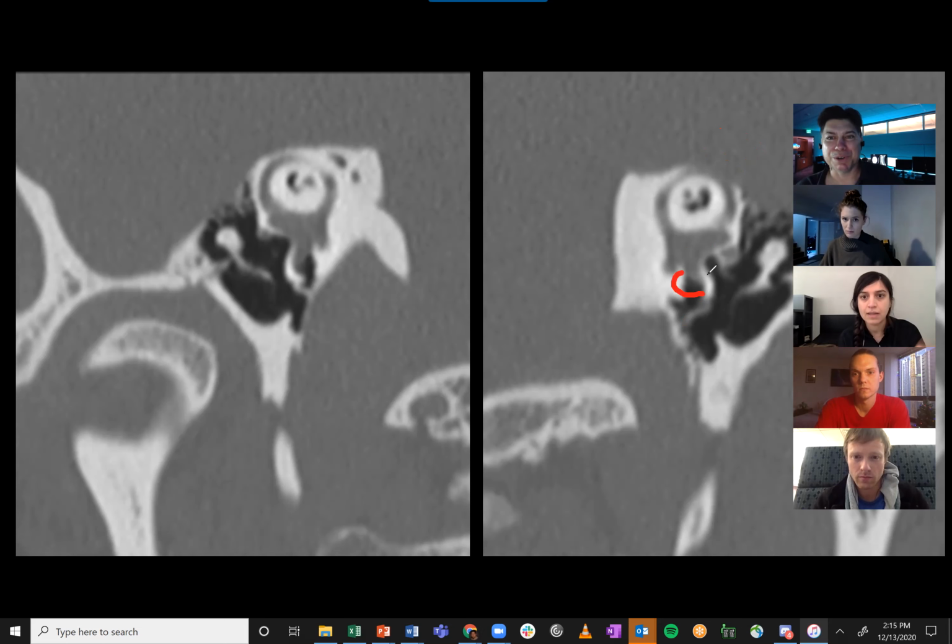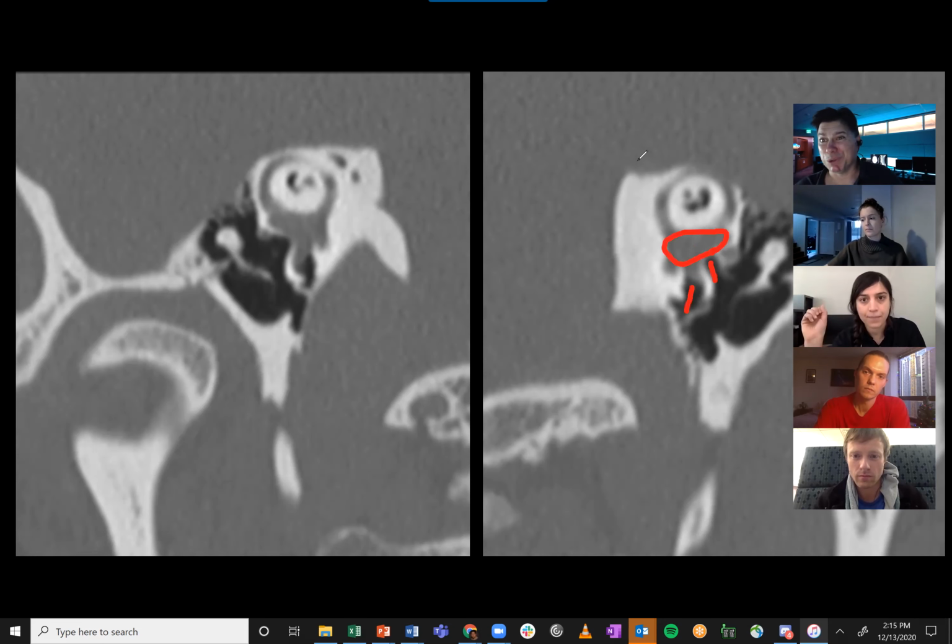That's right. And the one above that is the vestibule. So the vestibule is all of this structure. Exactly. So the one above the round window is the oval window. So that's oval window and that's round window. And the middle there is the vestibule.